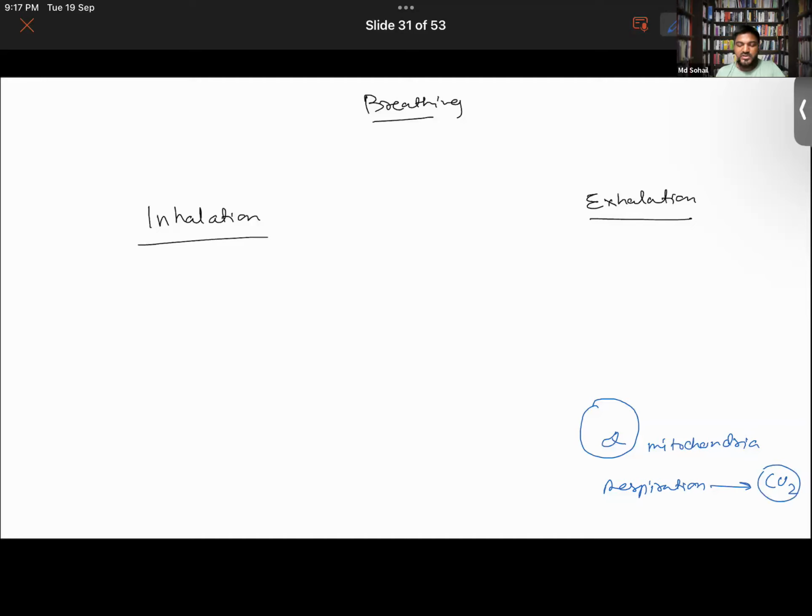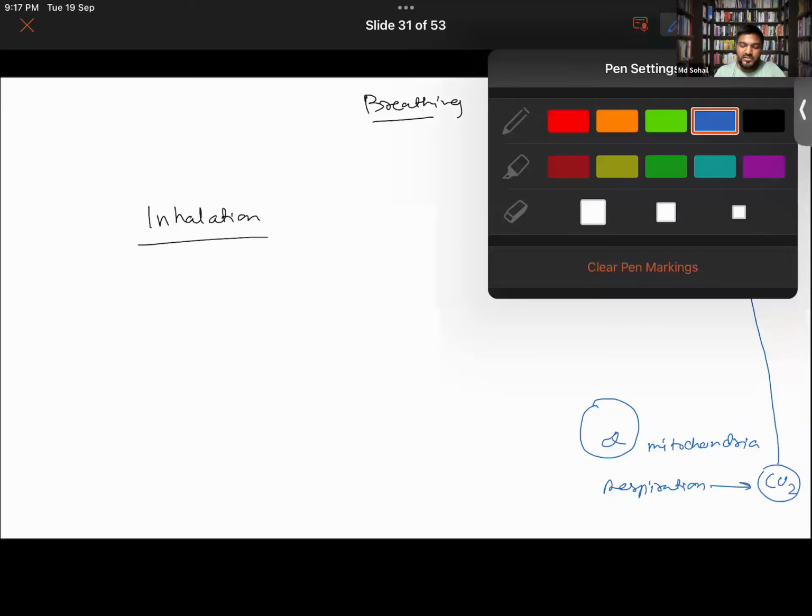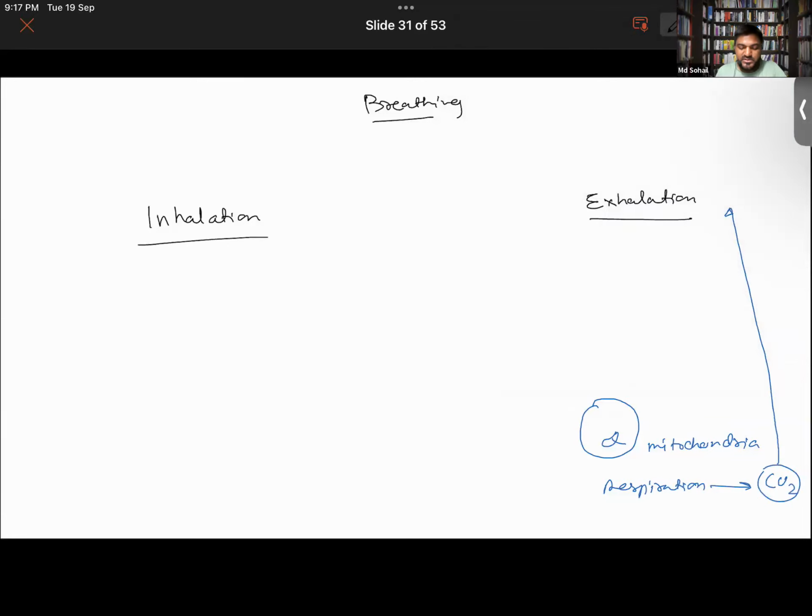So this carbon dioxide needs to be released from the body, and it is released in what manner? Exhalation, right? Now, what will happen? Again, let's draw the diagram of the lungs here.